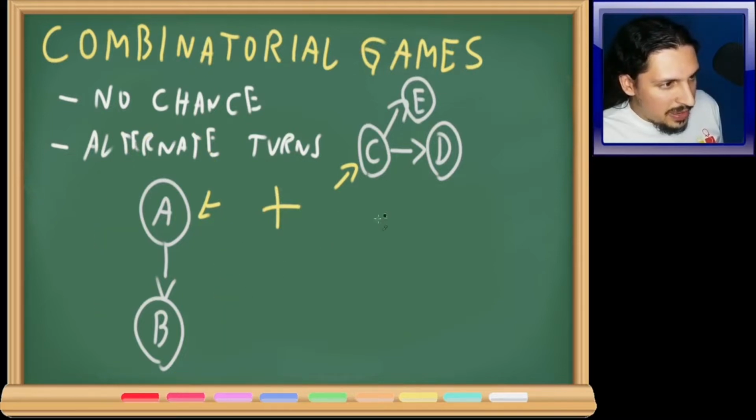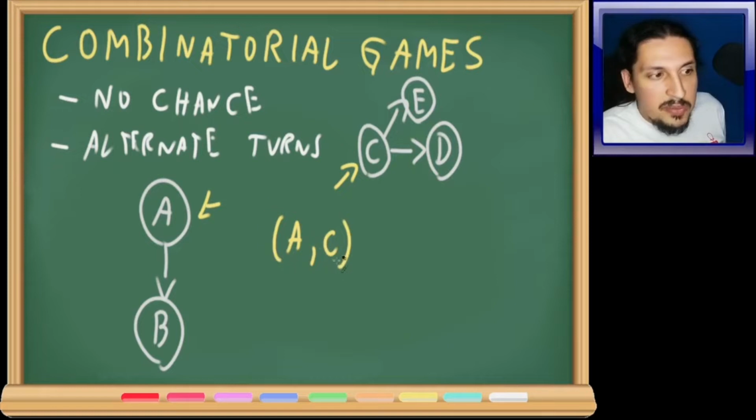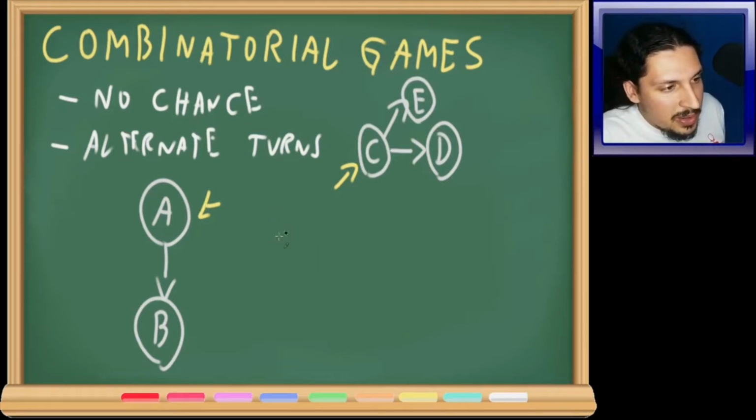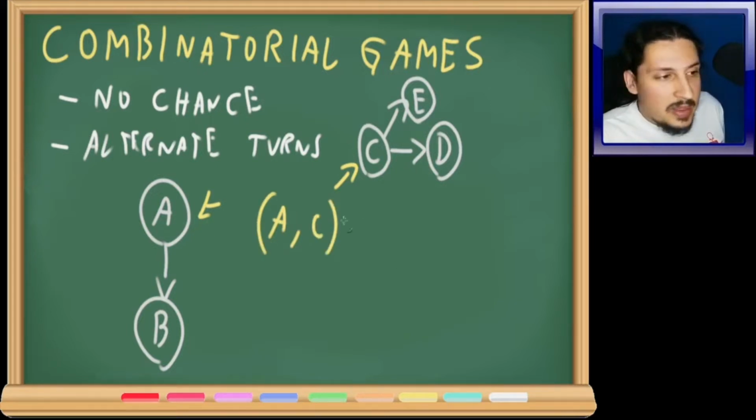So the sum of this game and this game would be a new game where the state is modeled as an ordered pair. The state that these two arrows are drawing is the state A, C, because we're on A in the first game and on C in the second game. From this, you can create a new game graph which has the Cartesian product as states, and the transitions are to choose one game and move.